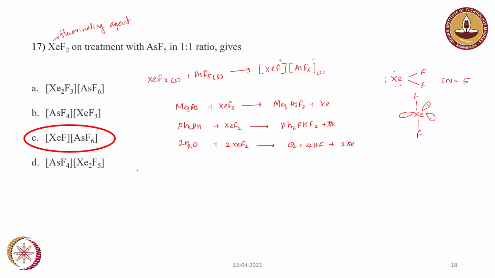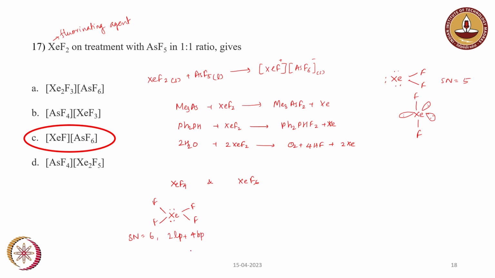Other fluorides are XeF4 and XeF6. So their structures: XeF4 will be square planar because the steric number is 6, but 2 lone pairs and 4 bond pairs are present.